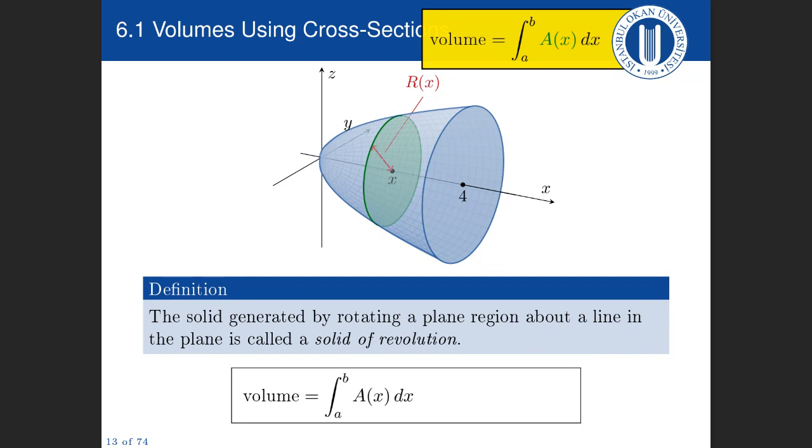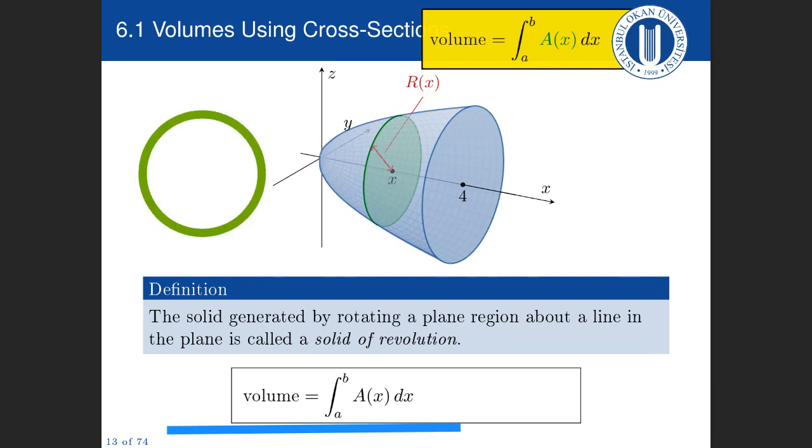And we have our formula from before. The volume is the integral from a to b of the cross-sectional area A(x) dx. But what is our cross-sectional area here? Our cross-sectional area is a circle.